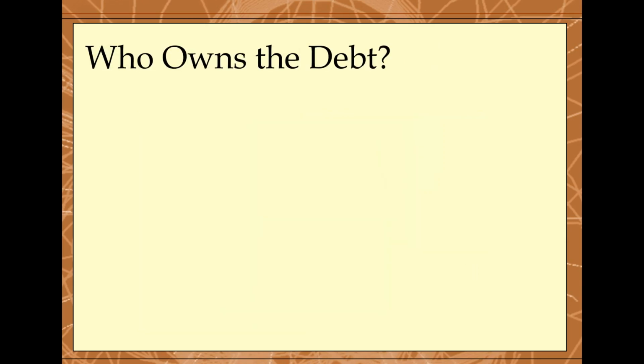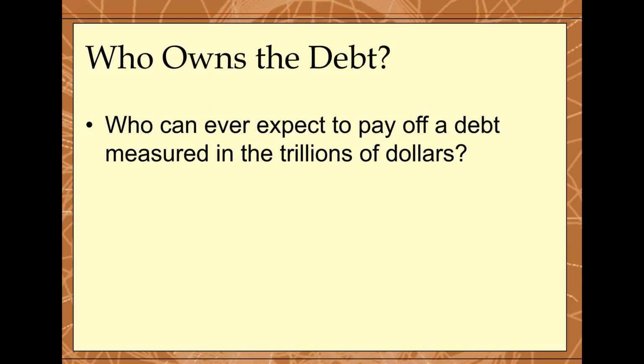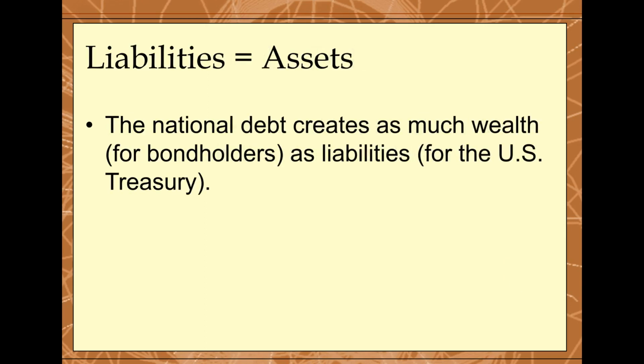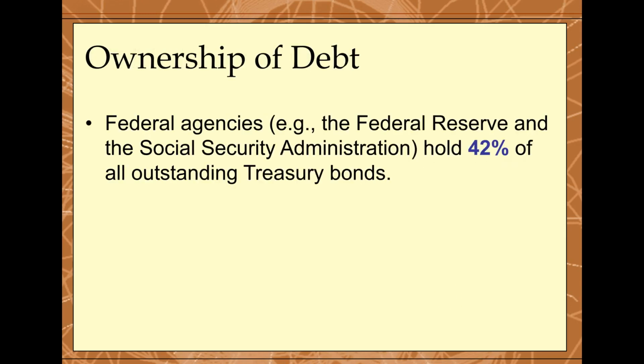Now, when we loan money, who do we loan that money to? Or in other words, who owns the debt? Well, the national debt creates as much wealth as liabilities for the Treasury, right? And federal agencies, other parts of the government, own the government money. So 42% of the debt is owned by other parts of the government, like Social Security.